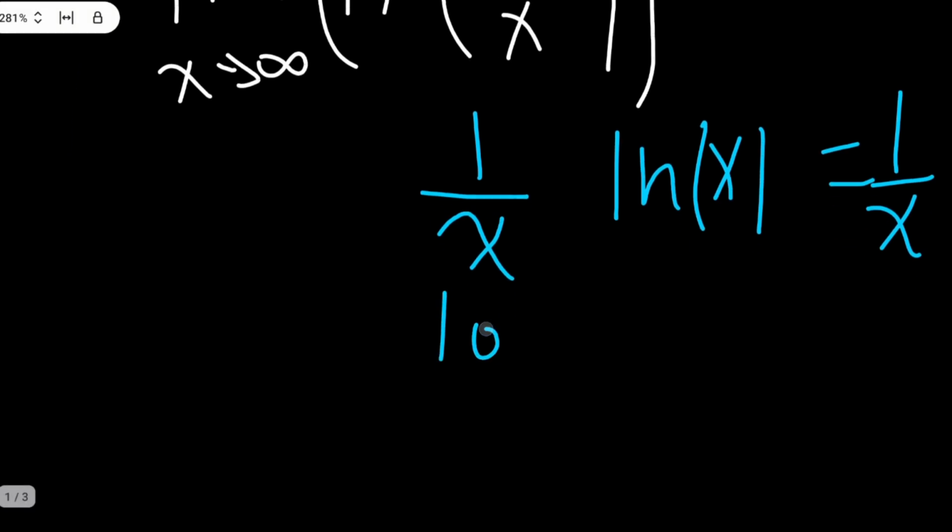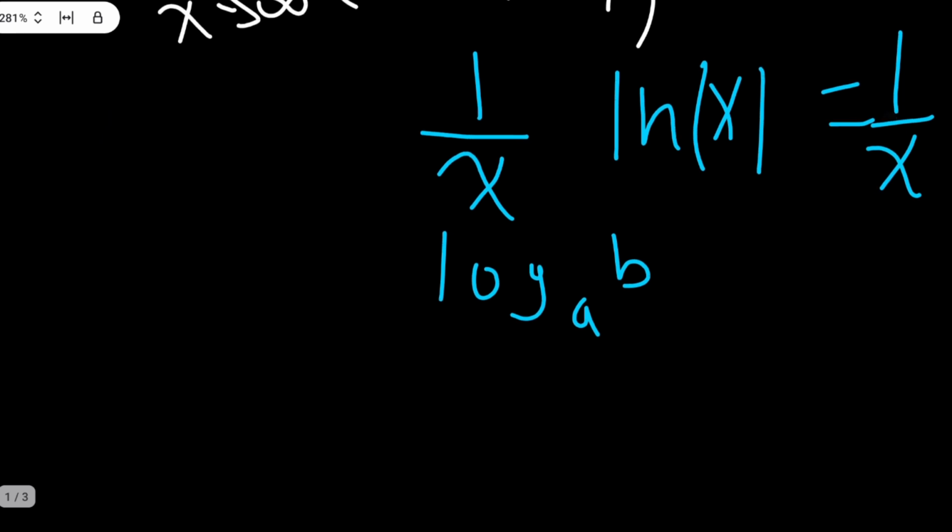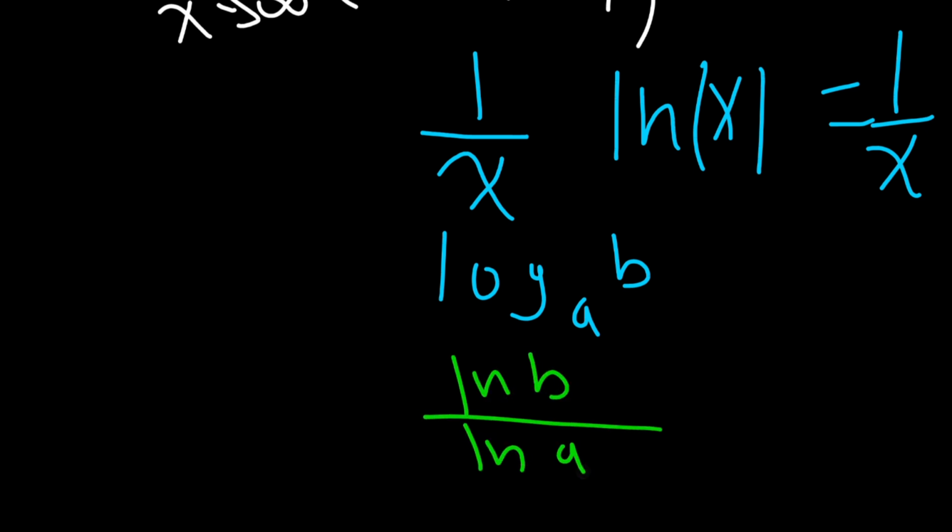If you have the derivative of log base a of b, you're just going to take the ln of the top, so ln of b, over ln of a, and that's going to allow you to take the derivative of this, and it's going to be 1 over ln a times 1 over x.